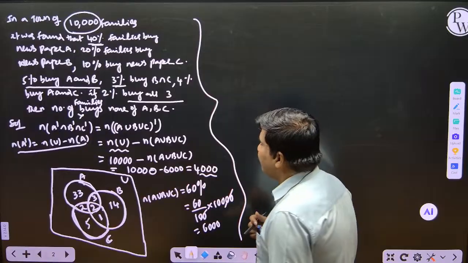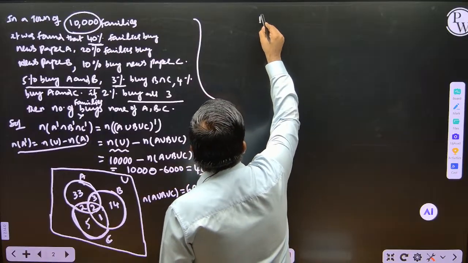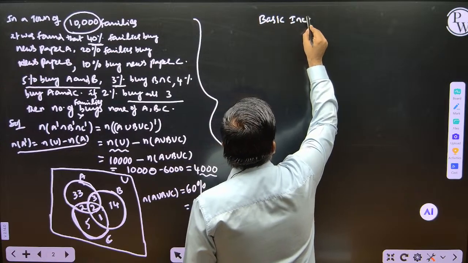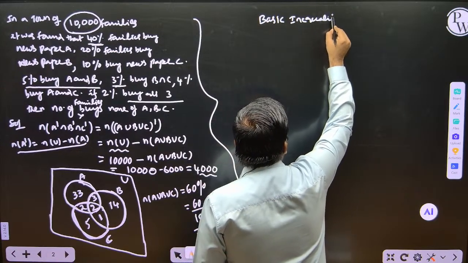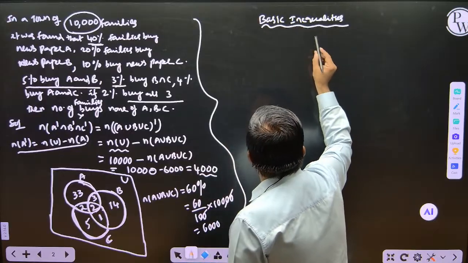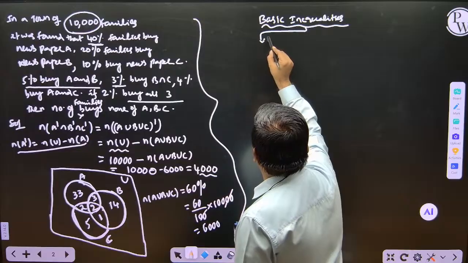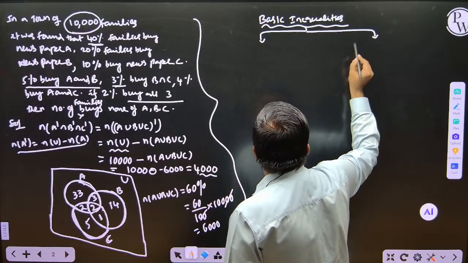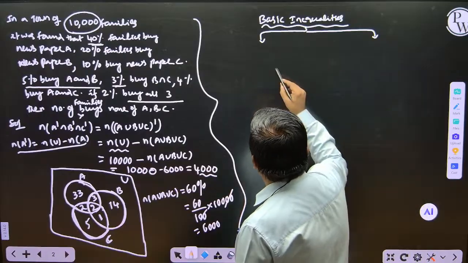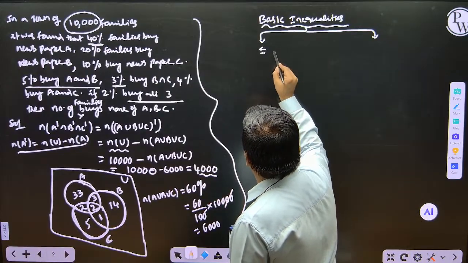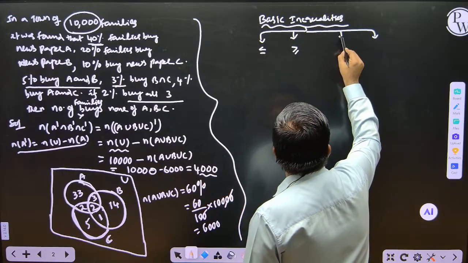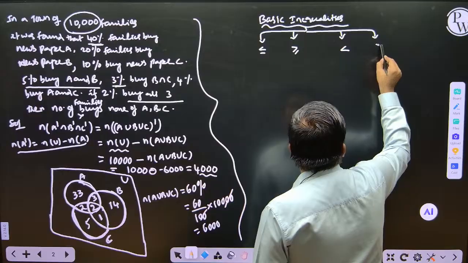Now you go for basic inequality. So what are the basic inequalities? General inequalities mean not equal. But the basic inequalities are of which types? Less than or equal to type, greater than or equal to type, less than type, greater than type.